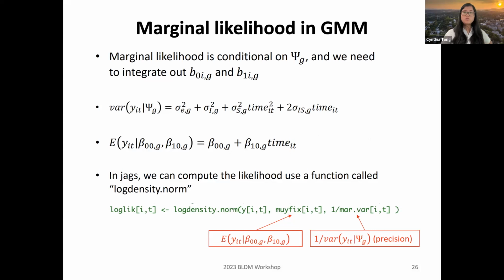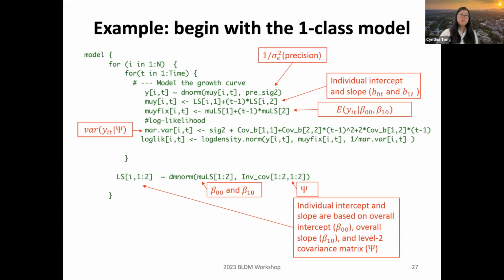I'm going to use the example with the one class model to start. For the one class model, it's just the same as the growth curve model. In part 1, we looked at the JAGS code for growth curve models, and here's the model part, which is how we specify the likelihood.